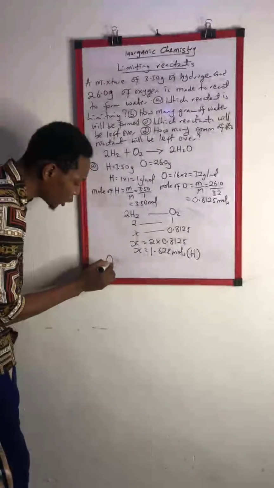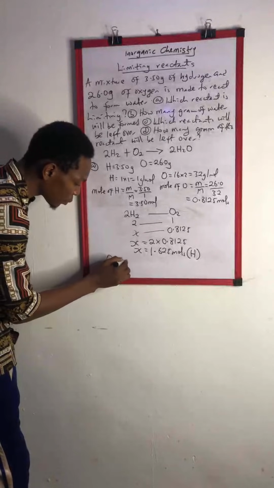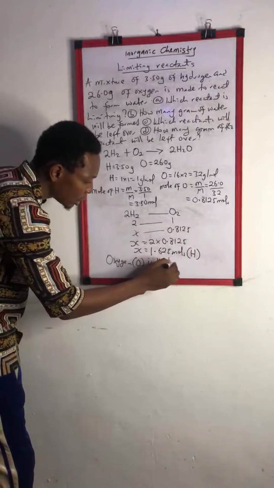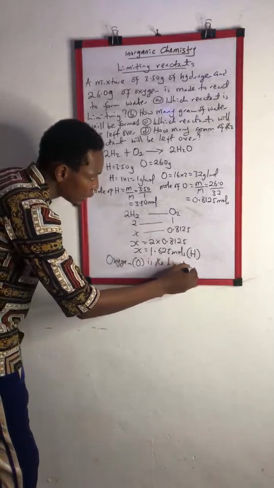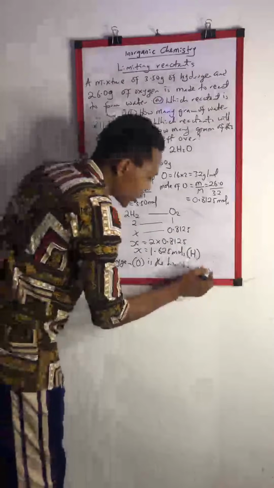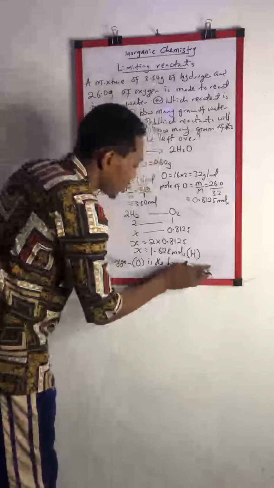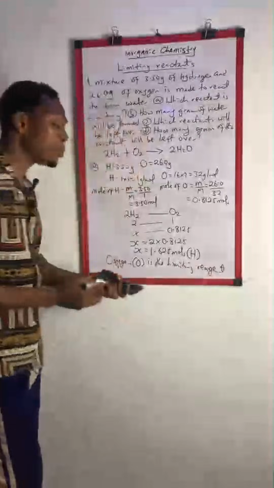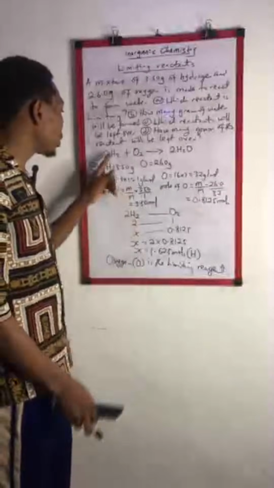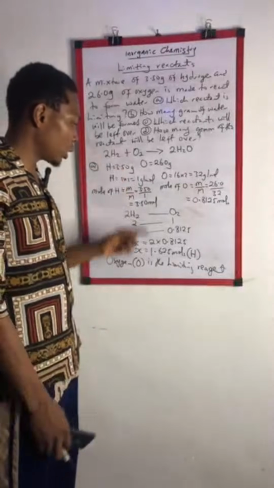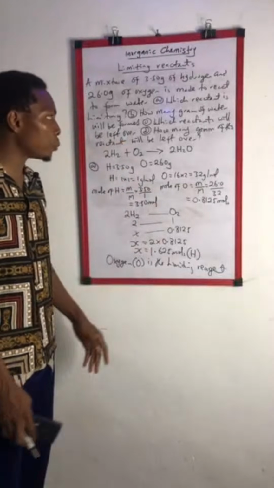So from here, you can just go ahead that oxygen is the limiting reagent. If oxygen is the limiting reagent, it simply means that your H2 becomes the what? The excess reagent. Okay, so you can copy that level to number 2.